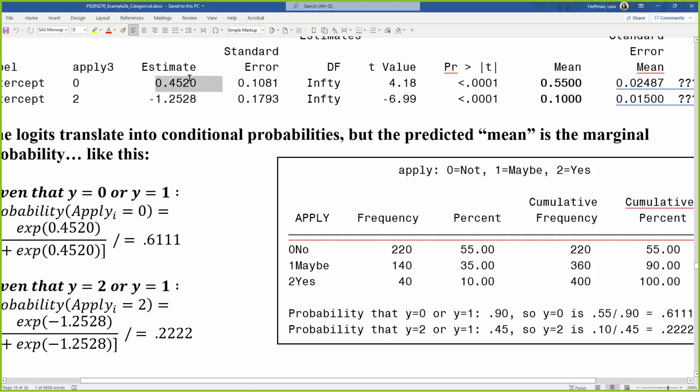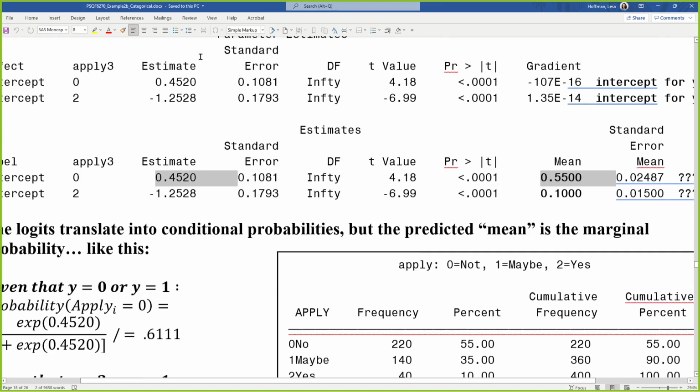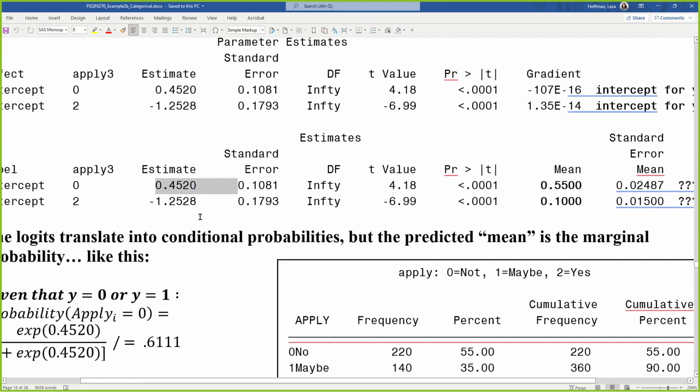So these numbers are not only on different scales, they are talking about different things. This number over here is a logit, and it is a logit in a world in which 0 and 1 are the only possibilities. Ignore category 2.